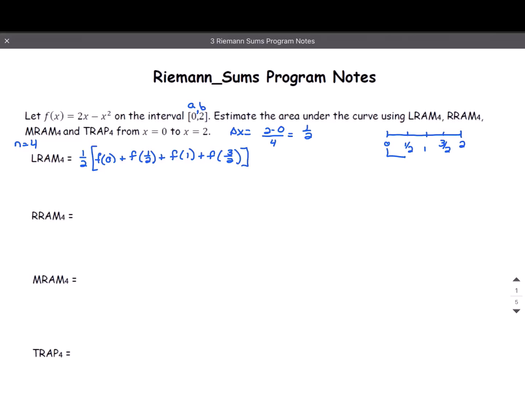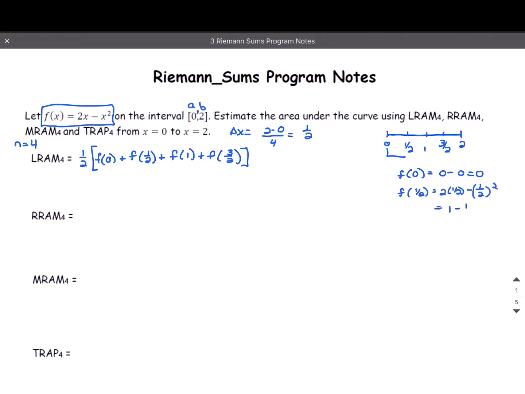Now before we go anywhere, let's do some function values here. If f of x is 2x minus x squared, this way we don't have to compute it over and over again. f of 0 is 0 minus 0, which is 0. f of 1/2 is 2 times 1/2 minus 1/2 squared.